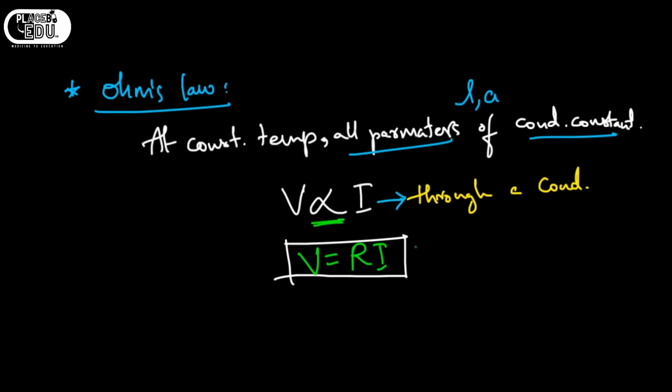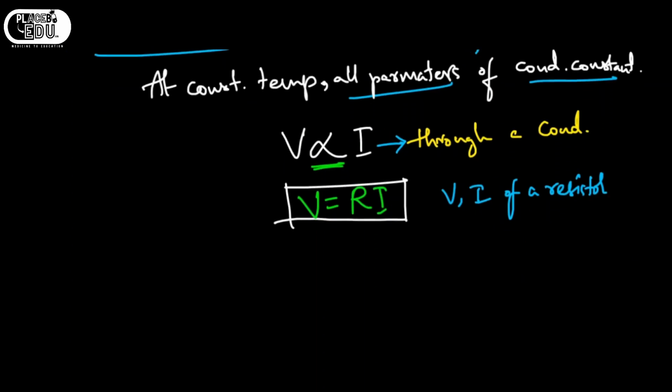So from that we get V = Ri. This gives the relation of voltage and current of a resistor. So Ohm's law gives the relation between voltage and current of a resistor, and we have the voltage and current relations for capacitor and inductor, and I will be explaining that in upcoming videos. Okay. So this is Ohm's law.